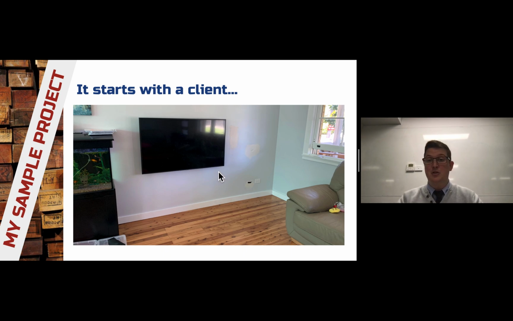But that's all they've told me. I know that it's a Hampton style theme house. I can see that the client's currently doing some renovation work in the background. They've got a fish tank here. They've got some white trims and architraves, polished timber floor. So it gives me an indication of what I need to do to create a project that's going to match in with the existing furniture.